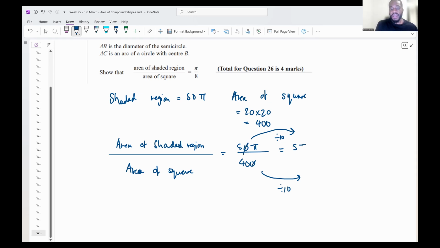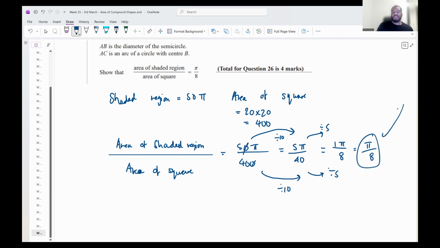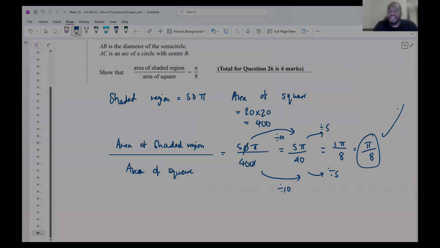It's just 5 pi over 40, right? Can we do anything more from here, guys? Yeah, exactly. We can divide by 5 now. Divide by 5, divide by 5. 5 divided by 5 is 1, so this is 1 pi. 40 divided by 5 is 8. So it's 1 pi divided by 8. 1 times pi is just pi, isn't it? So now it's just pi over 8, as they wanted it. Does that make sense, guys? Happy with that?